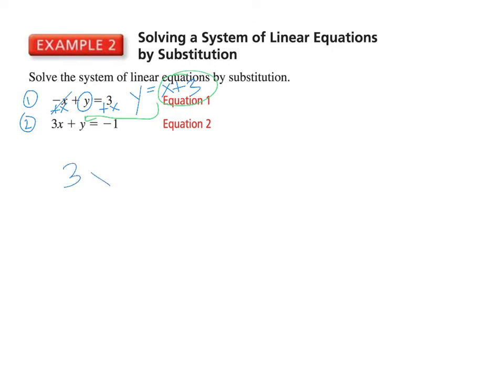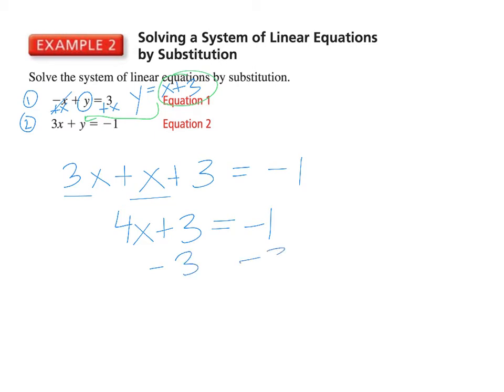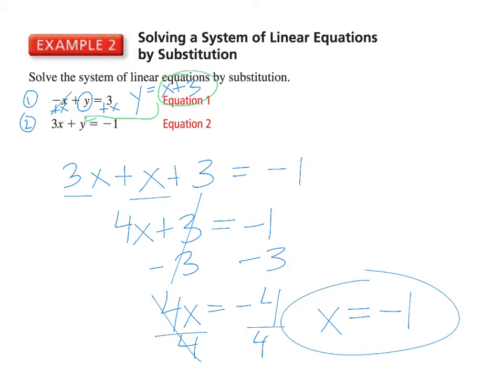All right, so I have 3x plus x plus 3 equals negative 1. Combine like terms, I have 4x plus 3 equals negative 1. I subtract 3, 4x equals negative 4. Divide by 4, x is equal to negative 1. Okay, now I just take this value and I plug it back into any other equation that I had before to solve for y. I'll plug it in there.